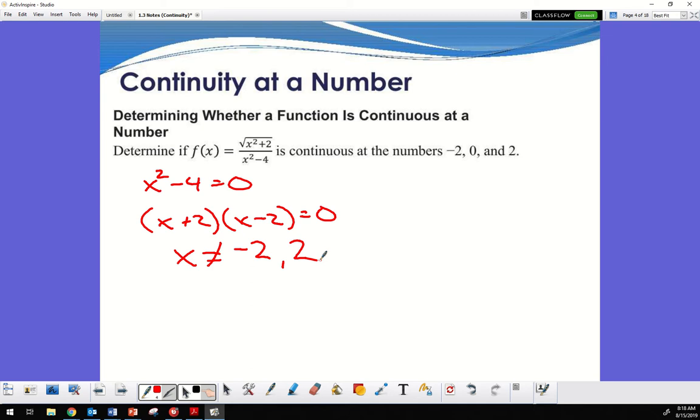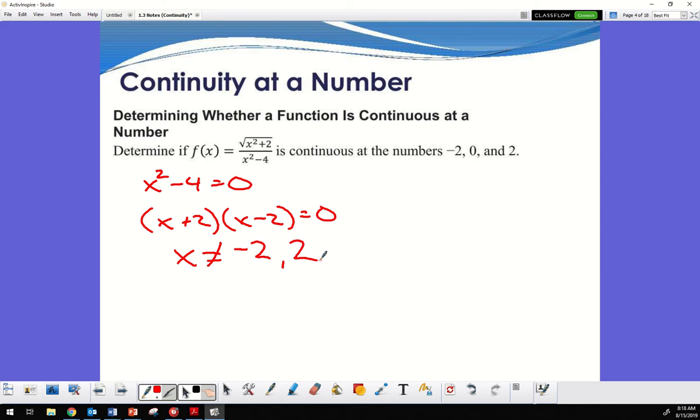Now, look at the numerator also. Is that a square root? What can I not have inside a square root? No negative numbers, right? So let's take a look. Because I have an x squared and a plus sign right here, that x squared will make any negative positive. If I square it, it will always make it positive. So that's going to help me out, and it's not going to hinder me too much there.